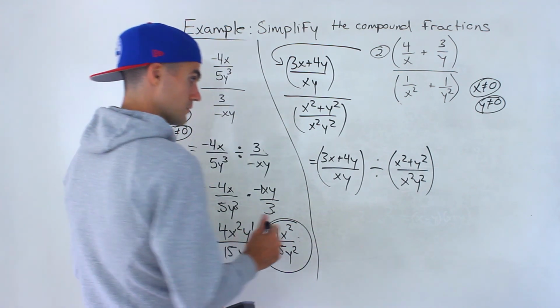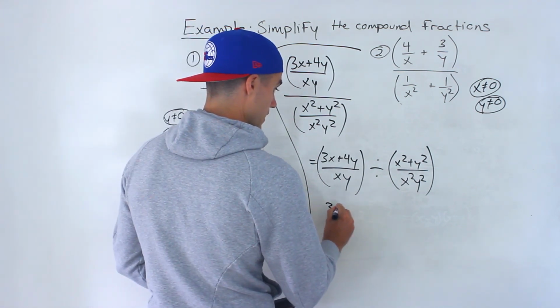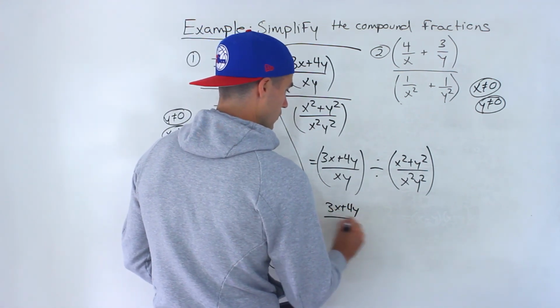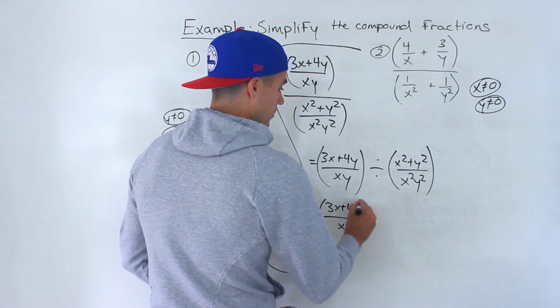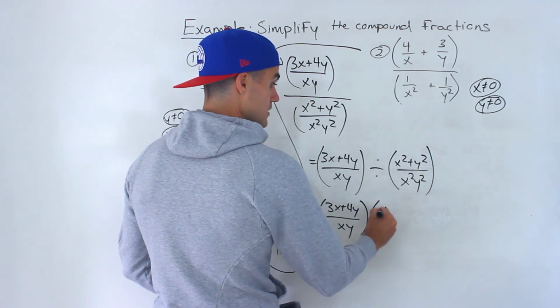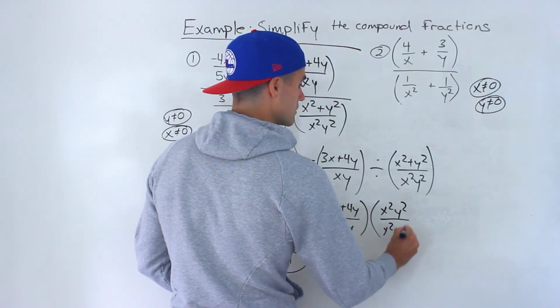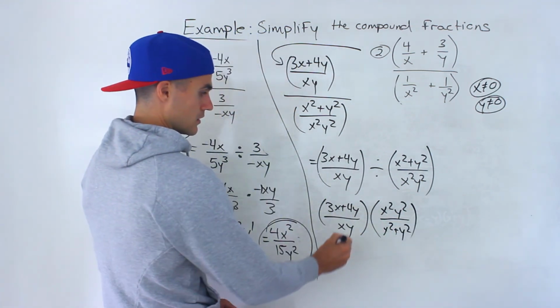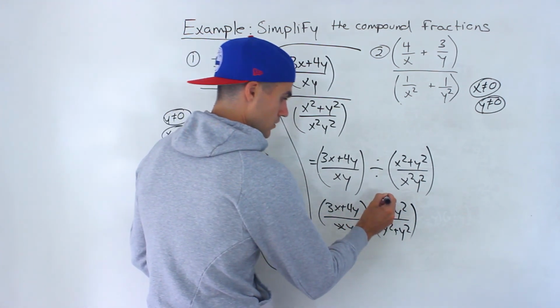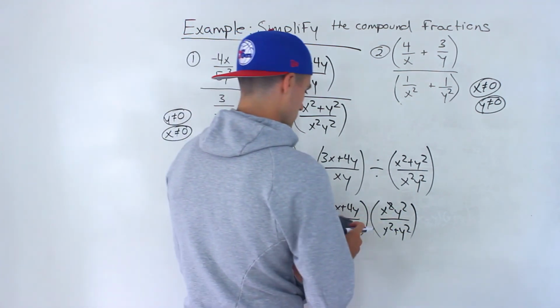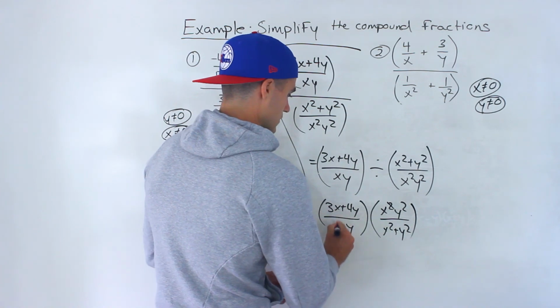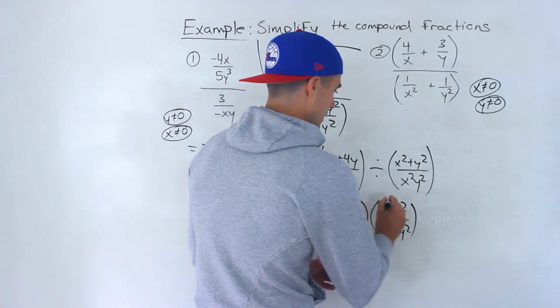And then from here, we just simplify. So 3x plus 4y over xy multiplied by the reciprocal of this, x squared y squared over x squared plus y squared. Actually, before we cross out, let's combine these first.